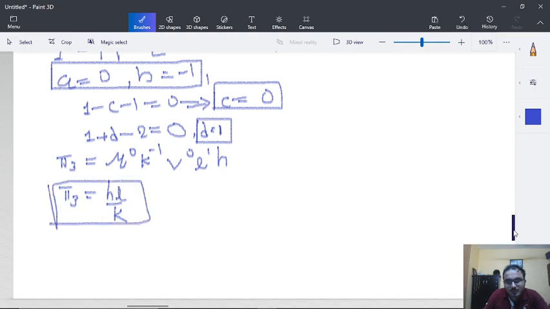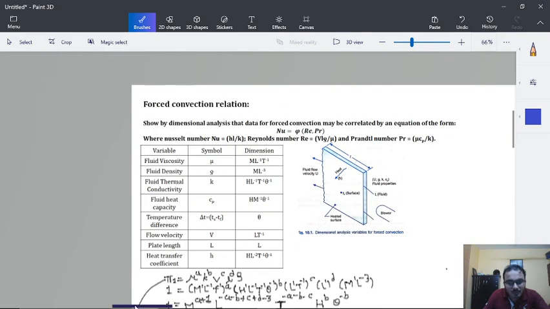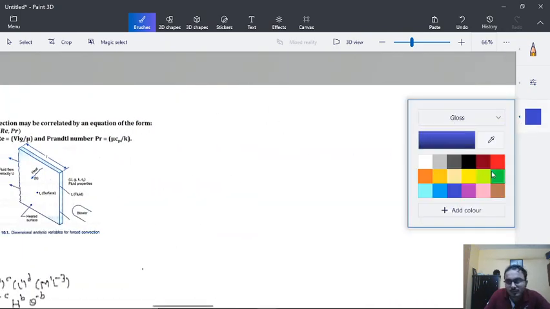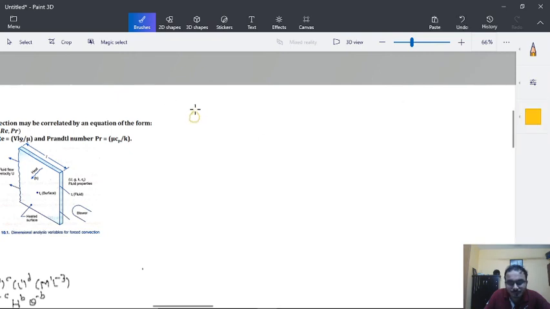Okay, so when we combine them, function phi of pi 1, pi 2, pi 3 equal to 0, that is function of rho v L by mu, mu Cp by k, hL by k equal to 0.